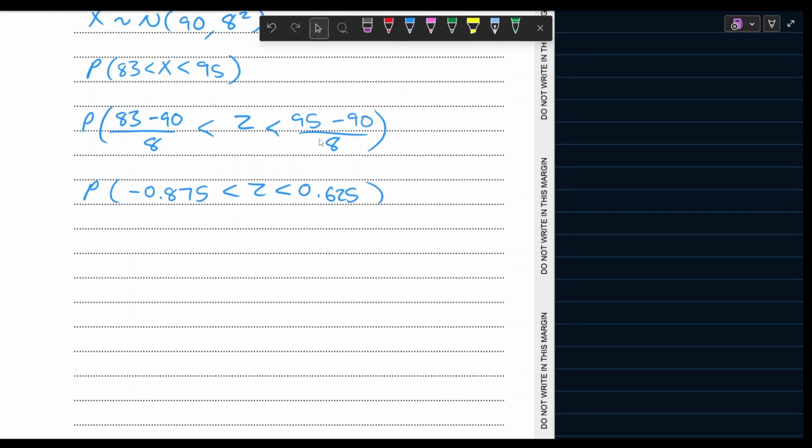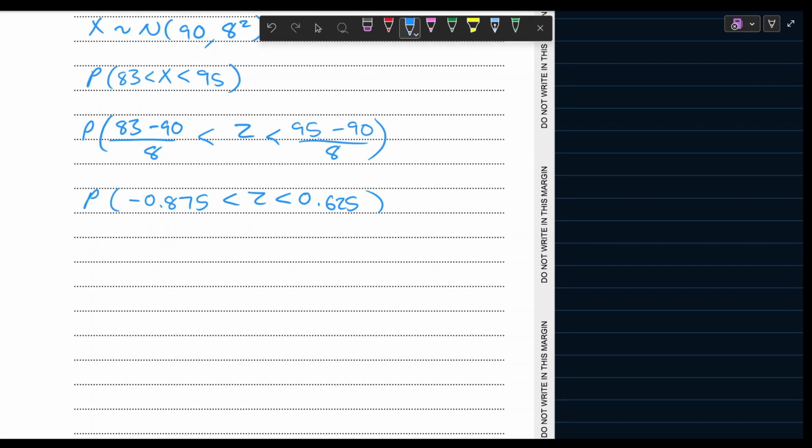Okay, and we can write this as phi of 0.625 minus 1 minus phi of 0.875, and then just read off the respective values from our normal distribution table. So that's going to be 0.7340 minus 1 minus 0.8092.